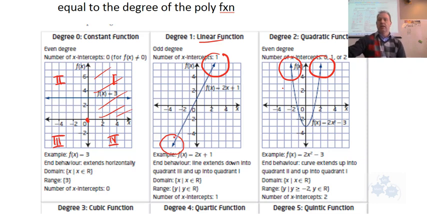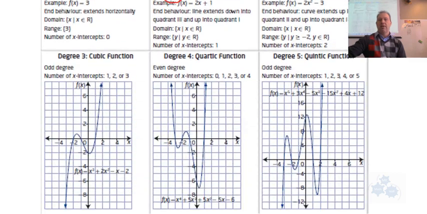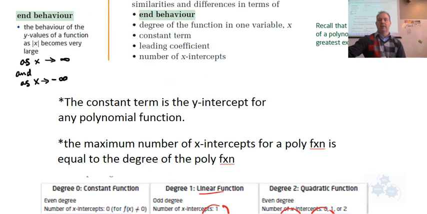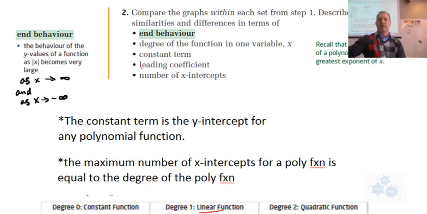The a value, right? Okay, so the a value, before we get to this, let's go back and take a look at this. The leading coefficient. So if we had y equals 2x squared, this is the leading coefficient. It's the coefficient on the leading term, or the term that carries the degree of the polynomial function.